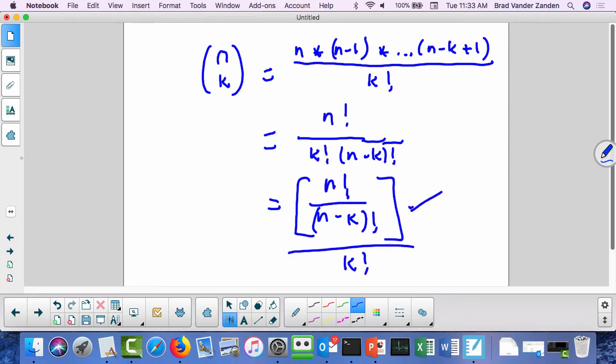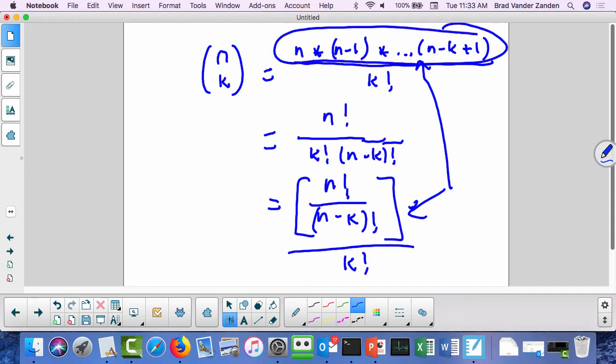Dividing n factorial by n minus k factorial takes out all but these terms right there. So that's how he's coming up with this formula for n choose k. And now he's asking you to essentially calculate this, because this is the fundamental thing: the number of different ways you can choose k balls from n balls.